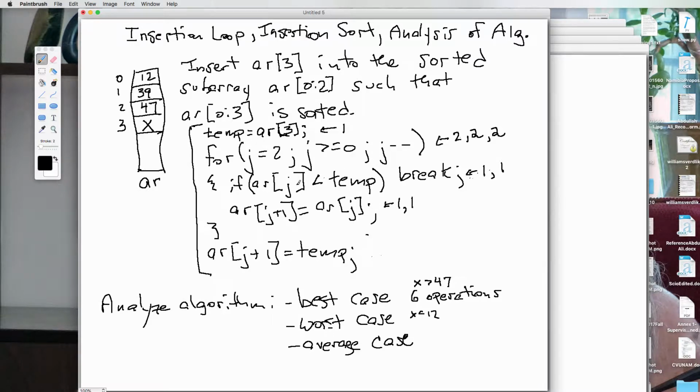I'm going to come over here. This statement over here is still false, so I don't do the break. That's another 1. I'm going to do this statement. That's another 1. I'm going to go back up to the top. When I go back up to the top, j goes down to -1, and this is now false. But I have to count those operations. And now I'm going to come down here and do this assignment statement.